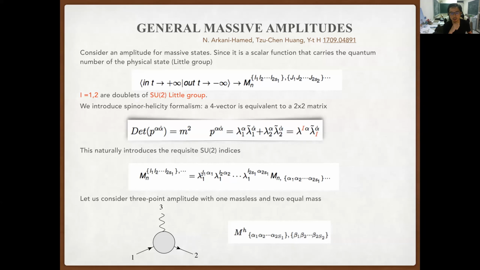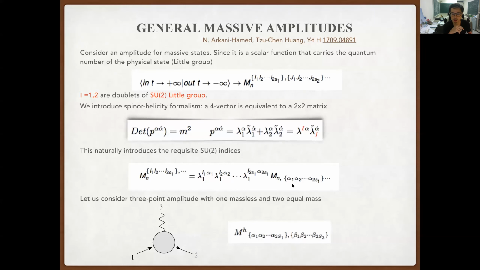So for example, for something that has a spin S state, it has 2S symmetric SU(2) indices. And these indices are naturally carried by these massive little group spinors. So we can factor them out, which is basically the on-shell version of factoring out the polarization tensors. And what is left behind is just a 2S symmetric SL(2,C) tensor.